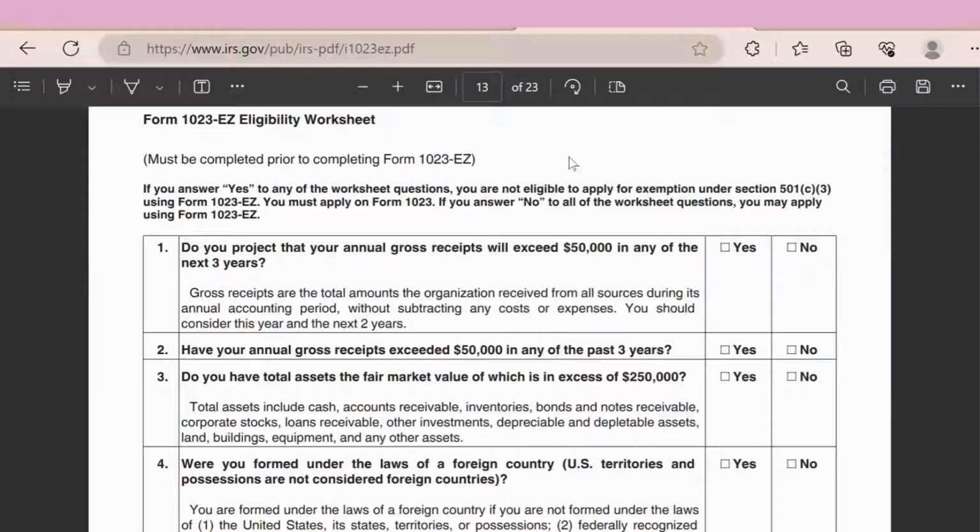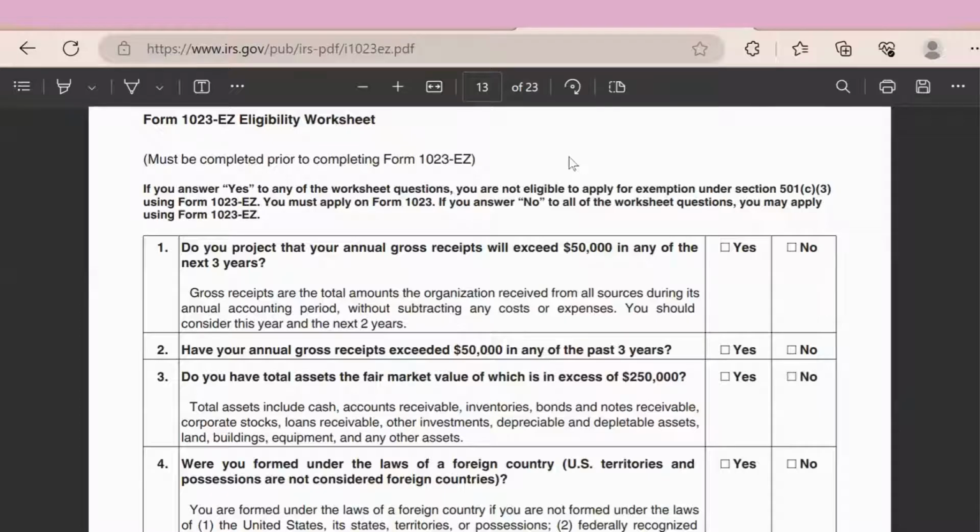But most new organizations may not expect to make $50,000 in the first 3 years, or they really don't know. So it is suggested that if you're new, if you're small, and you're just starting out, to answer this form correctly, and then to file the 1023 Easy.